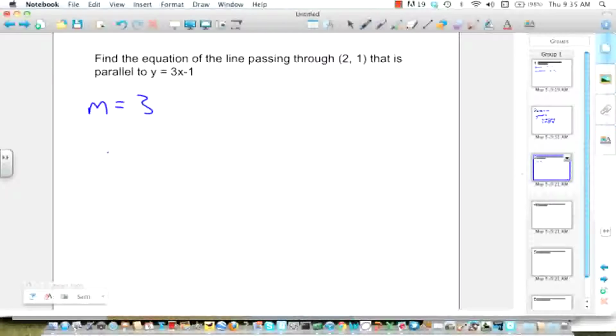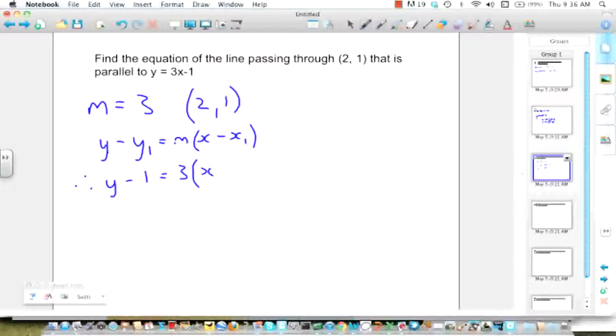We've got a gradient, and then we have a point. The point is 2, 1. So what rule do I use to find the equation of a straight line? Point gradient. We substitute in our point and our gradient. So y minus y1, which is 1, equals m, which is 3, outside of x minus 2.